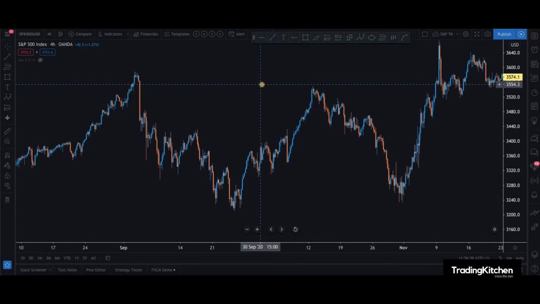Okay, so as you will see, the market often and willingly moves in a predetermined and predictable way when you know its dynamics. So this is a traditional pattern that many traders know and use in their trading activity.